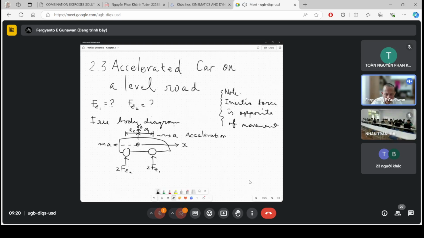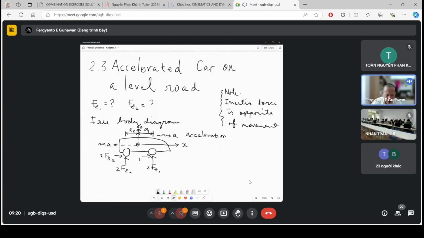Now, for this vehicle to move at a certain acceleration, we need a force that pushes the vehicle forward, and this force may be coming from the engine. The force direction we're going to call FX2, and we multiply by 2 because we have two wheels.